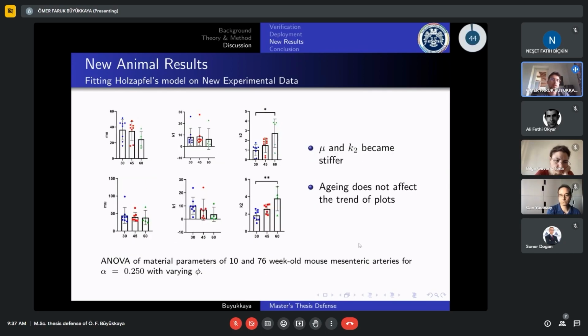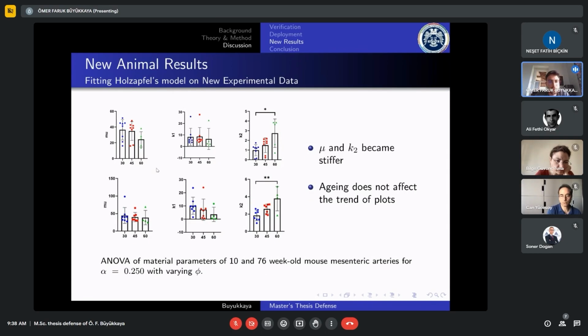And finally, we again applied analysis of variance on the material parameters of 10-week-old mice in the first row and 76-week-old mice in the second row for alpha equals 0.25, and the material parameters are plotted versus increasing phi.